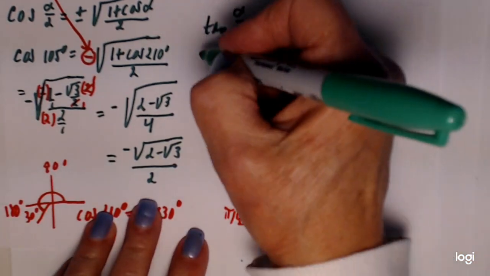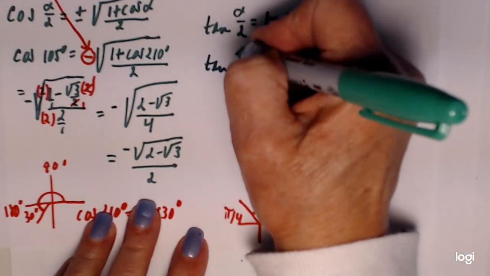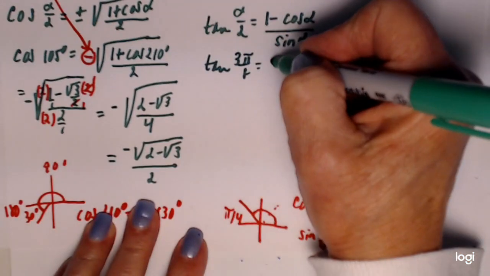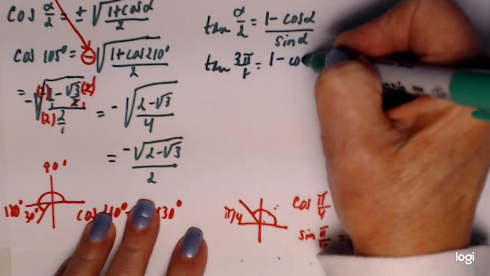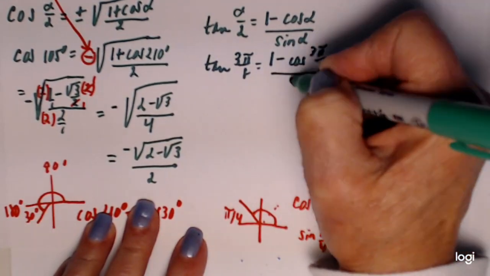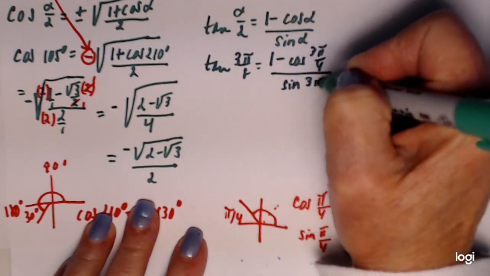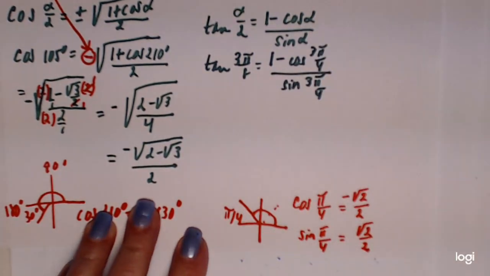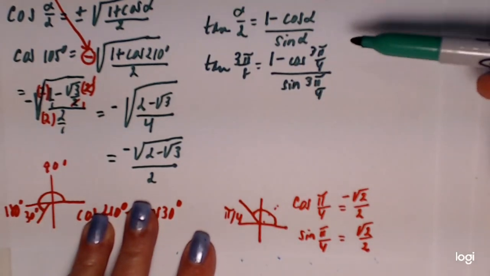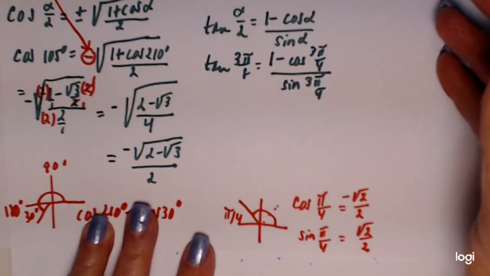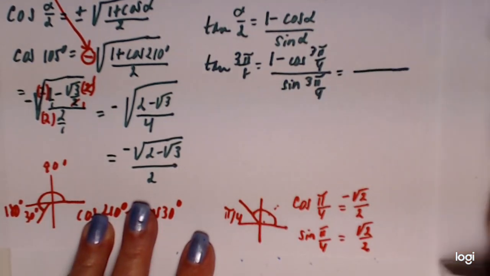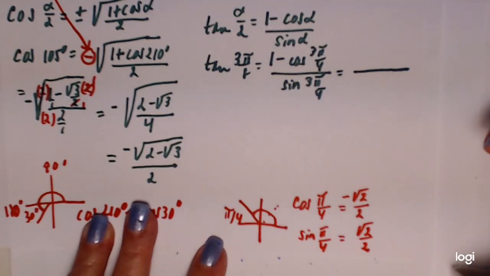So now we have the tangent of 3 pi over 8, or half angle, is equal to 1 minus the cosine of 3 pi over 4 over the sine of 3 pi over 4. So here I've just substituted in the angles that we're using so you can keep track of how you would make those substitutions. And then over here, let's pop in our trig values.